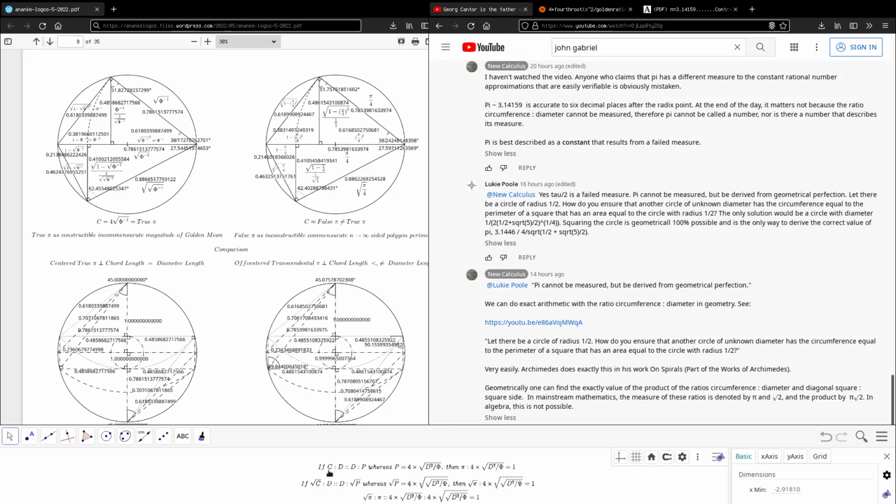Since C and the P, this is a reciprocal of this. However, this is in terms of the circle, but this is in terms of the square. And likewise for the square root version, this is how it will be denoted.